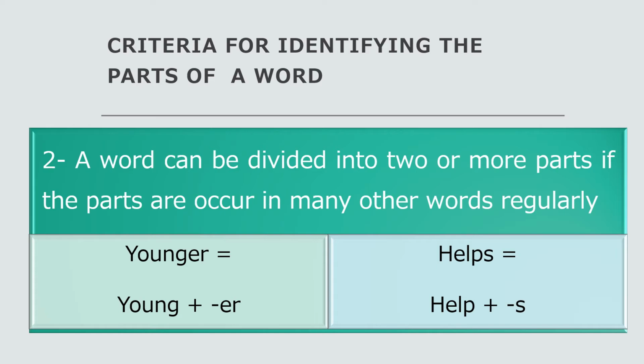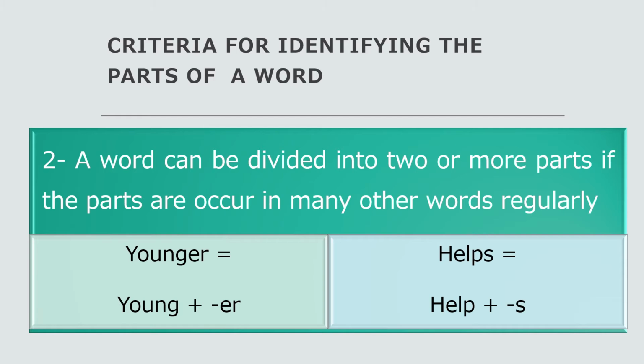So here we have to look closely and search whether the part which doesn't occur independently in English also comes with other words usually. If that part occurs many times with many other words, then we can divide the word into 2 parts. We divide the part which comes as an independent word as one part, and the remaining part, if it comes regularly with other words, we can make that the other part.